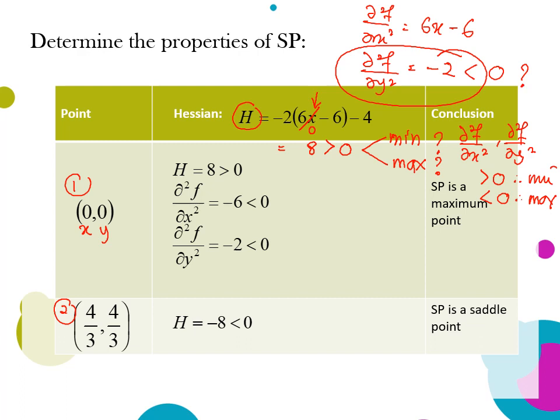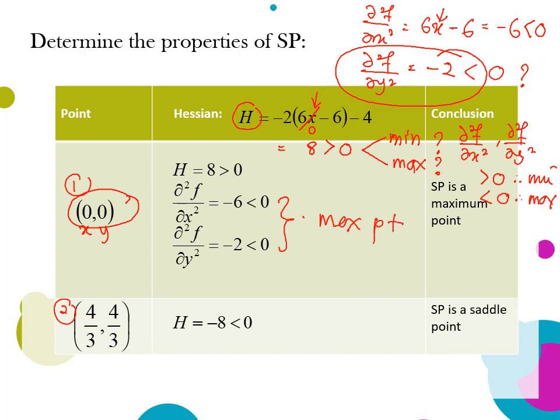Once satisfied for maximum, check for the x. If you replace 0 here, what will you get? You get minus 6. So minus 6 is also less than 0. So since both of them are less than 0, you conclude that 0, 0 here is a maximum point.